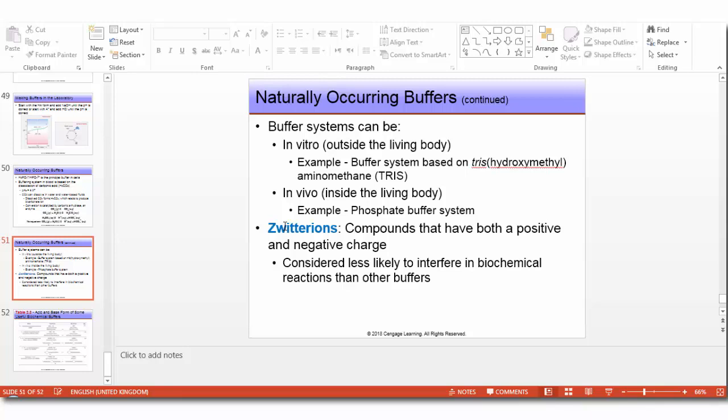Now zwitterions, compounds that have both positive and negative charges, are considered less likely to interfere in biochemical reactions than other buffers. Now most living systems operate at pH levels close to 7. The pKa values of many functional groups, such as the carboxyl and amino groups, are well above or well below this value.